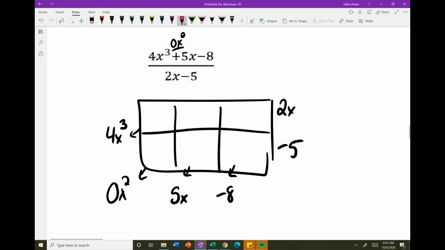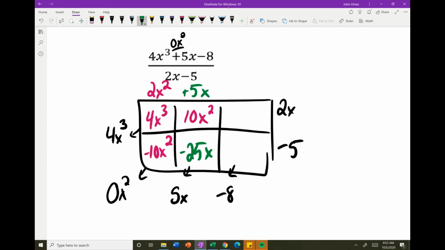All right, here we go. We push that 4x to the third in and get started. What times 2x is 4x to the third? Well, 2x squared. Multiply. I have negative 10. I need to get to 0. So 10 minus 10, that's not bad. And we start again. What times 2x is 10x squared? It's 5x.